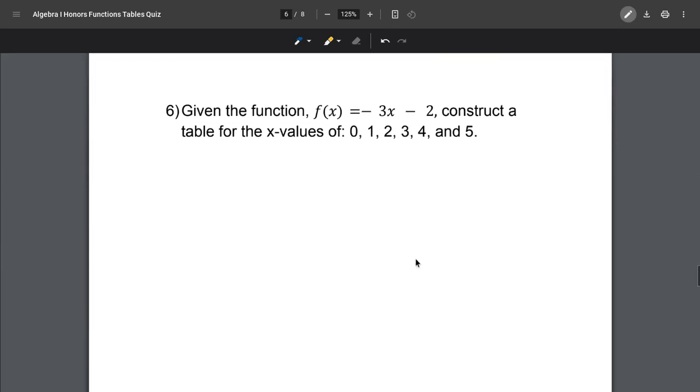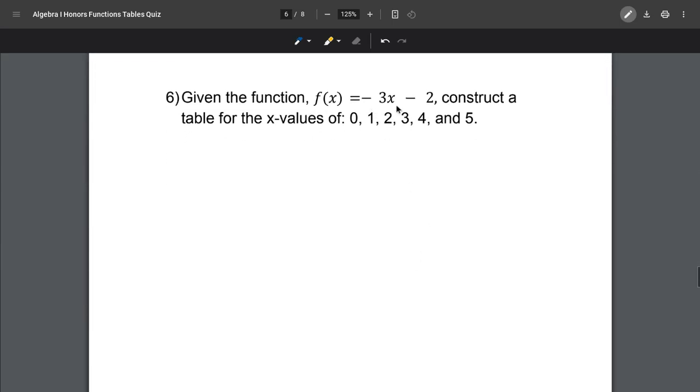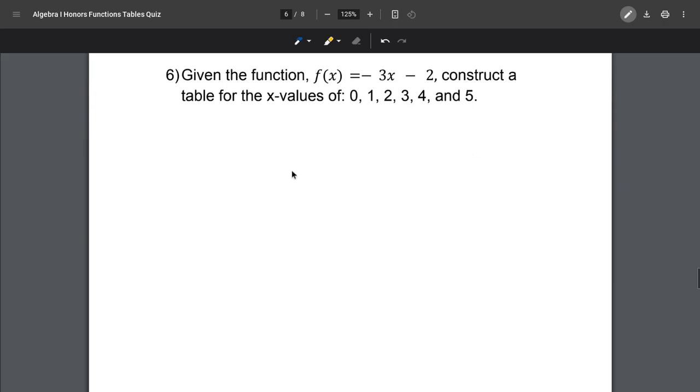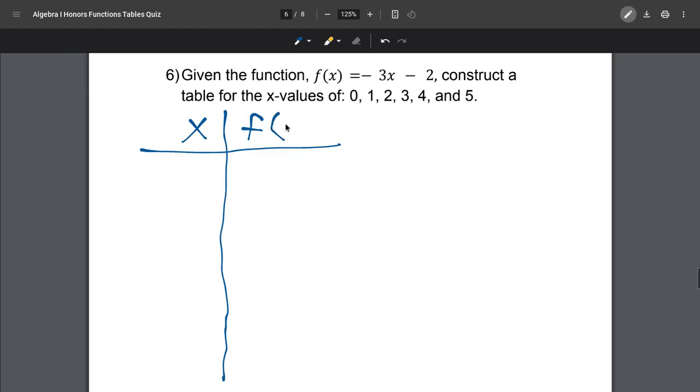All right, so this next one, we're given a function, f of x equals negative 3x minus 2. We want to construct a table for the x values 0 through 5. All right, let's go ahead and build a table for 0, 1, 2, 3, 4, and 5.